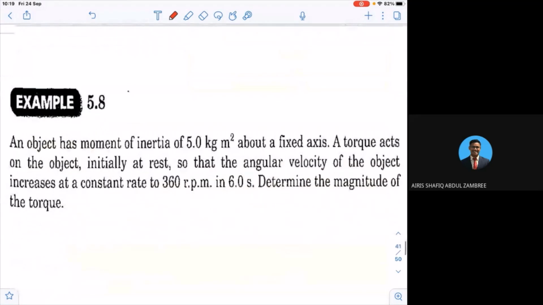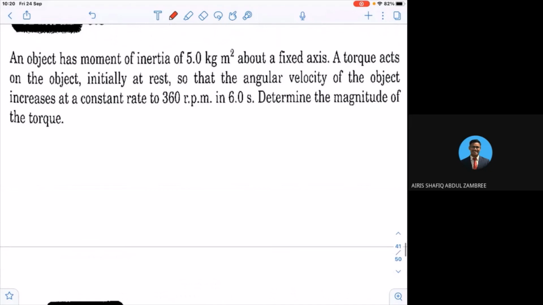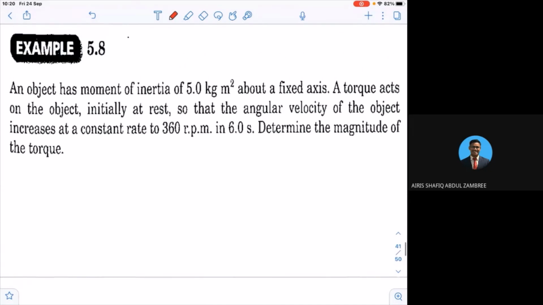Let me skip this first and just do this one. An object has a moment of inertia of 5 kilogram meter squared, so this one should be your I. About a fixed axis, a torque acts on the object initially at rest, so that the angular velocity of the object increases at a constant rate to 306 rpm in 6 seconds.